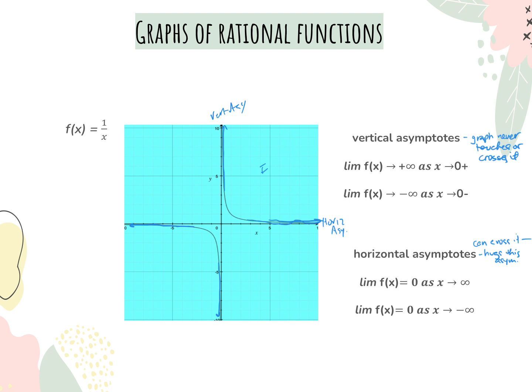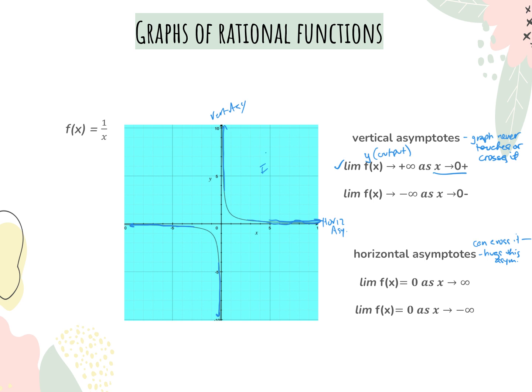So let's try to understand these limits that it's talking about here and these weird words that it's saying. In this one here, what it's saying is that, remember, f of x is your y, which is your output. So as your y value or your output approaches positive infinity, x will approach 0 on the positive side. It'll get closer and closer to 0.